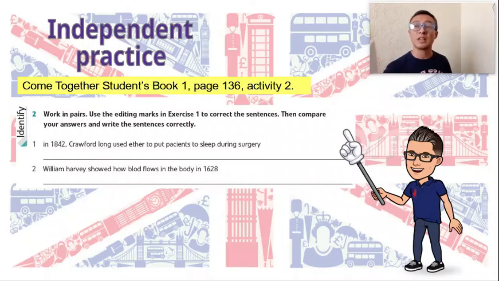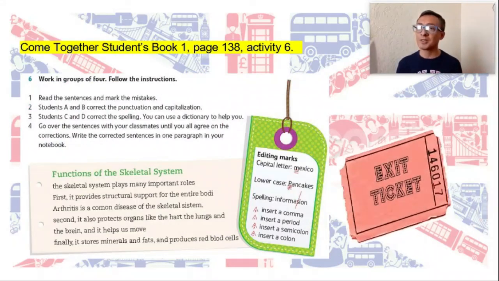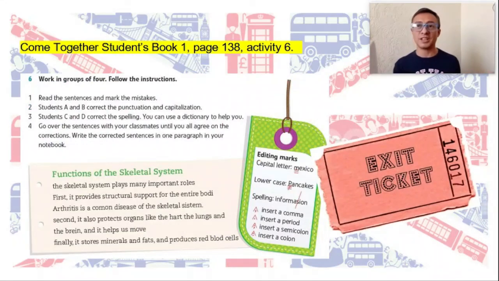Then, on the line, you will rewrite the sentences in the correct version. Once you're done with that activity, solve your exit ticket on page 138, Activity 6. Obviously, you will use all the editing marks to check the text and make the corrections. Remember to always follow the steps to do it well.